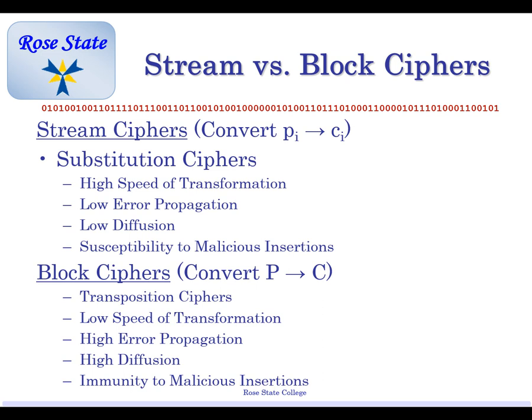Okay? High diffusion, we're going to see how that works when we get into DES and them, but change one thing and most likely it changes a bunch of other ones. It's immune to malicious insertions, because if I'm sending one block at a time, the odds of you being able to stick one letter in the middle somewhere is not going to happen because it's block by block. Okay? So far, so good?